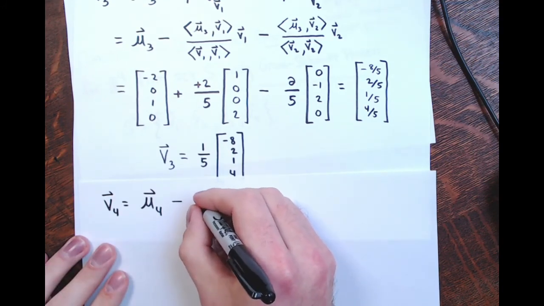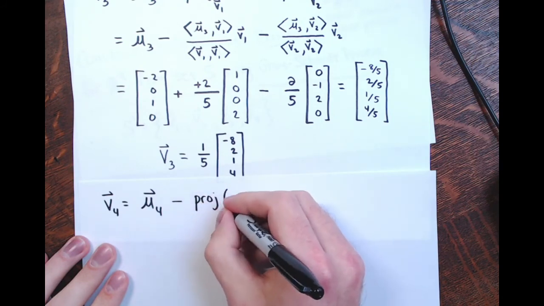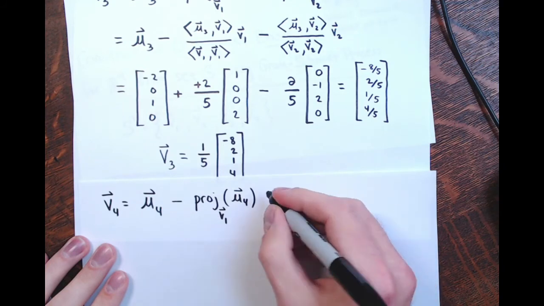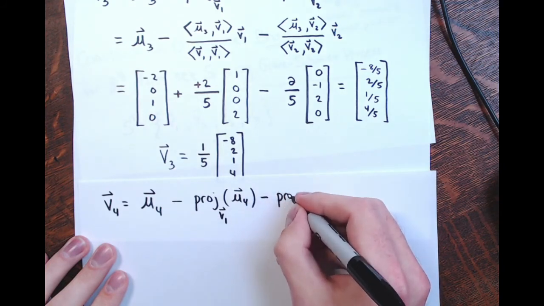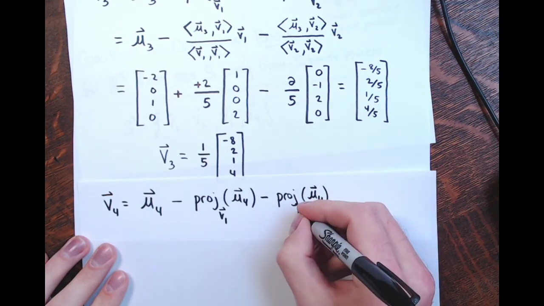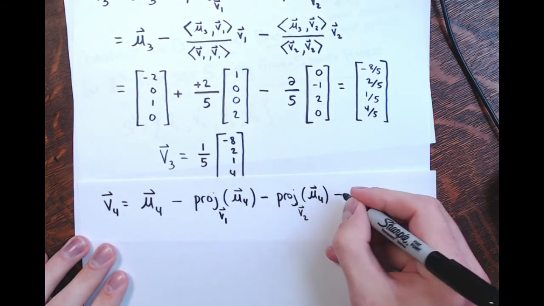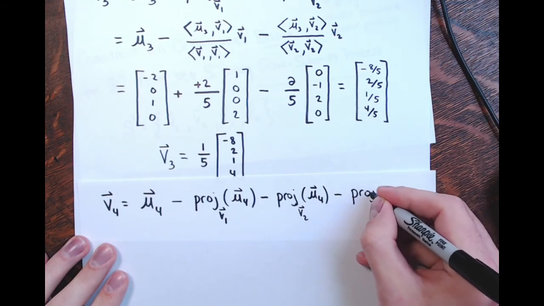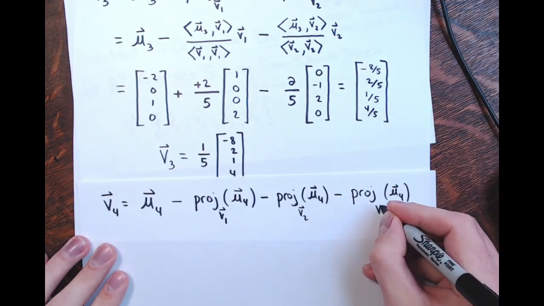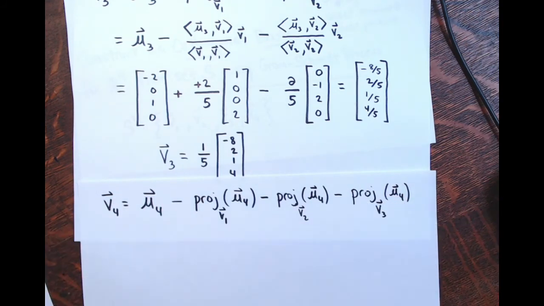So minus the projection of vector u4 onto v1, minus the projection of u4 onto v2, minus the projection of u4 onto v3. And again, the further along you go, the larger the basis is, the longer this expression gets, the more and more vectors you construct.